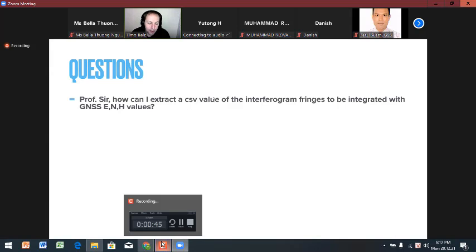So we will not get any kind of absolute motion value. Instead, we get information that tells us this pixel is moving so many millimeters, right?